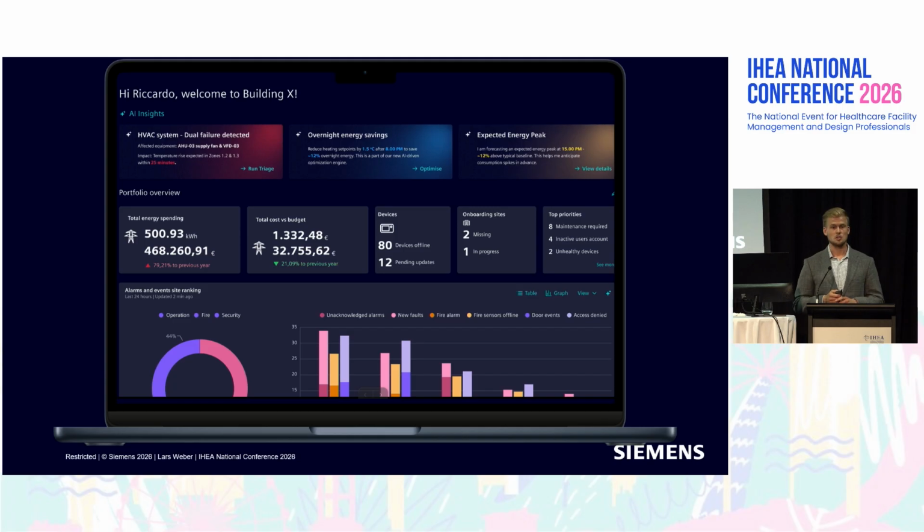And then in terms of energy peak, this is an issue that is becoming more and more prevalent in the times of AI and data centers. We're reaching a moment in time where energy is really a big problem. This whole topic of energy peaks will become more and more of a problem. And most sites have some sort of data center as well. So this is an issue that AI can help to resolve, because it will help you to manage those peaks more effectively.